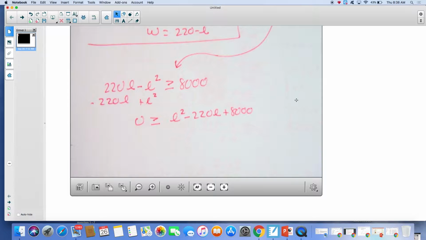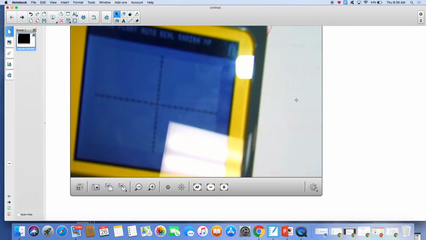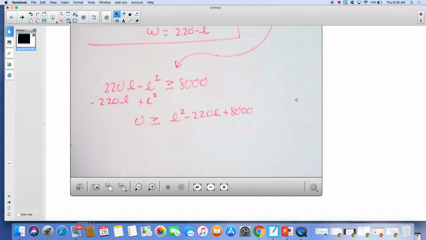In our calculators, we've got to use X. Let's hit graph. It doesn't show up on my calculator because I'm between 10 and negative 10. So I could do a zoom fit, which I think is 0.